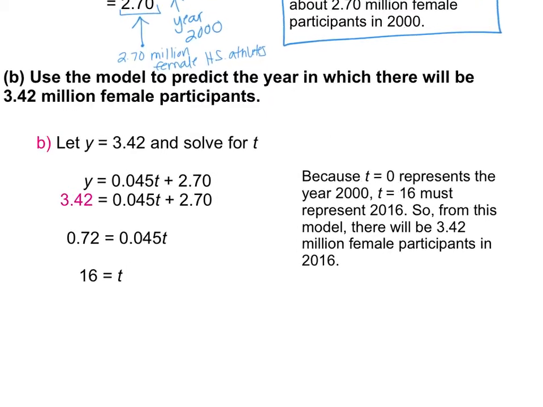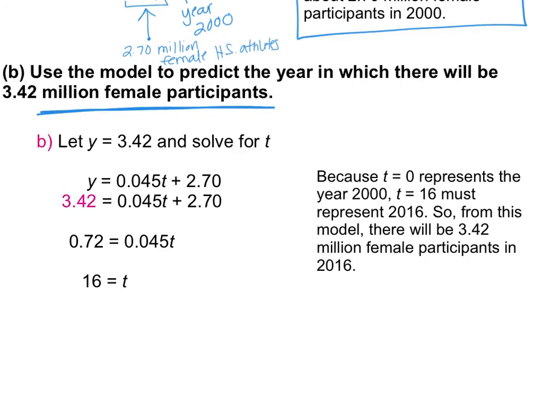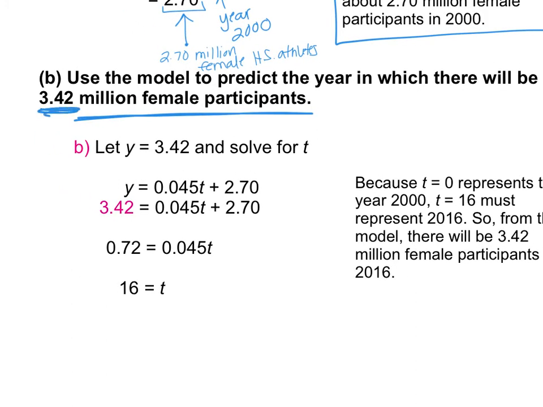Now, part B, use the model to predict the year in which there will be 3.42 million female participants. So this time, if they're giving me the female participants, that's our y value. That's why it says let y equal 3.42, solve for time, because we want to predict the year.